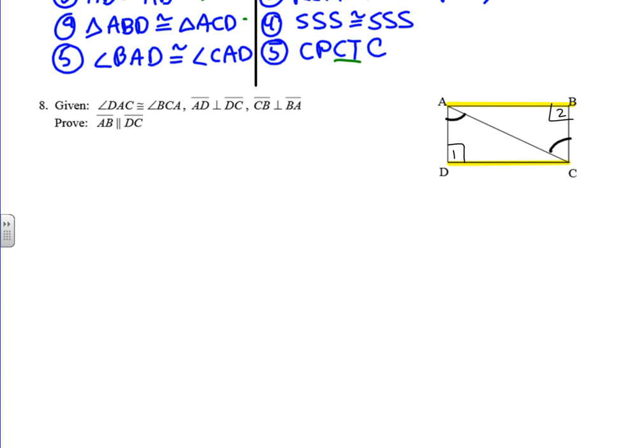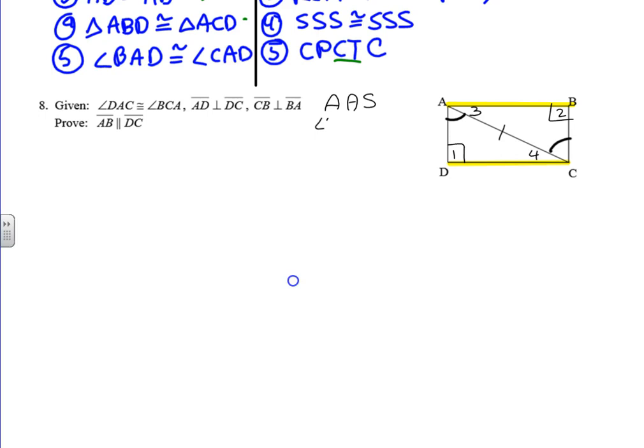So now, what do we have for free? Well, for free, we've got a common side. So we look at this and we go, hey, what do we have? Well, that's angle, side. So that would allow us to prove the triangles congruent. If we can prove the triangles congruent, then I'm going to name this angle 3 and angle 4.